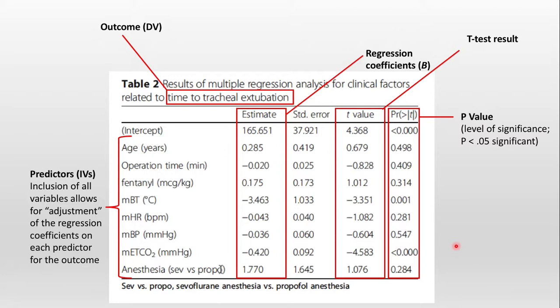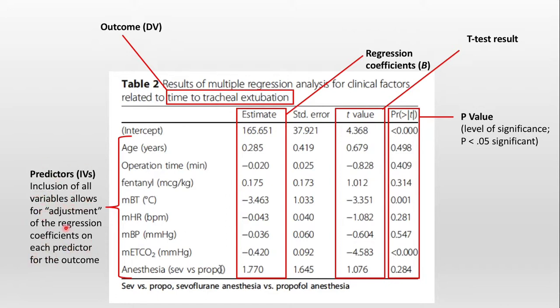Okay, so right here, their table 2 actually gives us enough information without even having to refer to the paragraphs. Right there, that's our time to extubation, our dependent variable. Our predictors are listed here that they included.